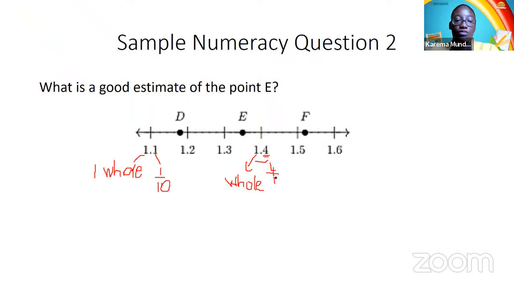4/10 it is, and this is based on our number system. We use a base 10 number system, right? If you were paying close attention to the diagram that was shown at the beginning of our numeracy sample questions, you would have seen how that square was divided into 10 equal parts. That's how we started out.